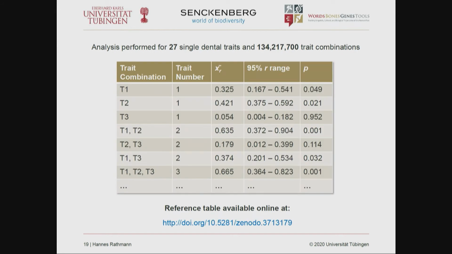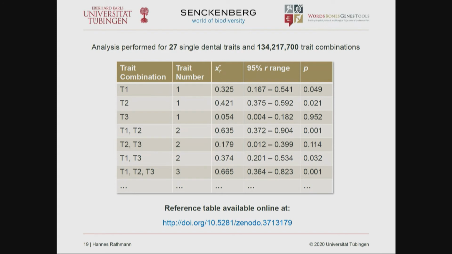We then performed this analysis for all 27 dental traits included in our dental database, as well as for more than 130 million possible combinations of these traits. The result was a comprehensive table listing utility estimates, 95% R ranges, and p-values for single dental traits and all possible dental trait combinations.